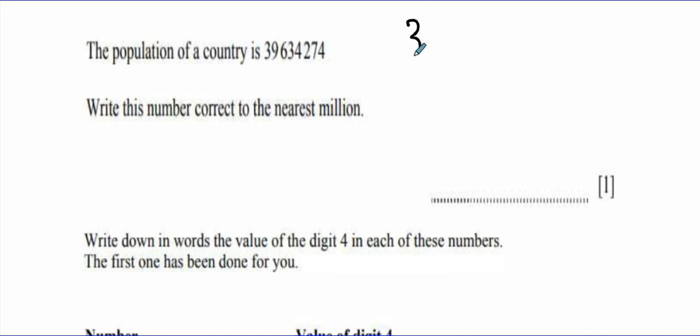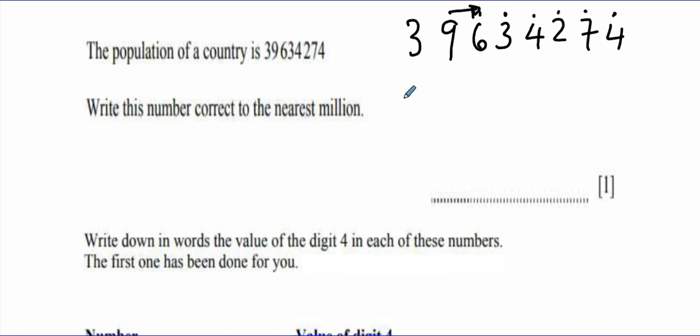So the number is 139,634,274. Nearest million. Ones, tens, hundreds, thousands, 10,000s, 100,000s, then millions. Check on your right, there is 6. Add 1 here. 9 plus 1, don't write 10.